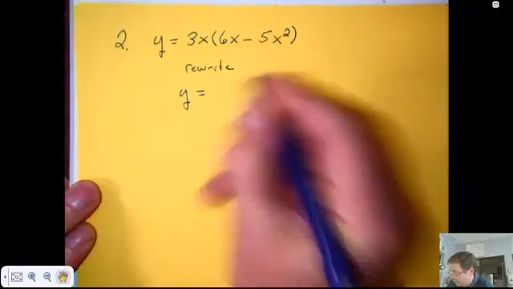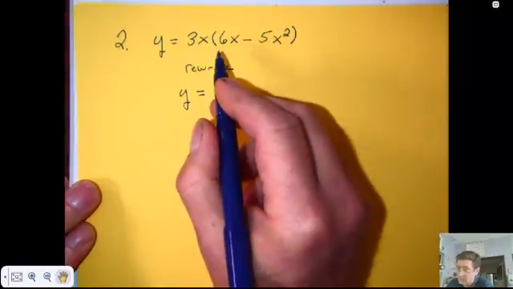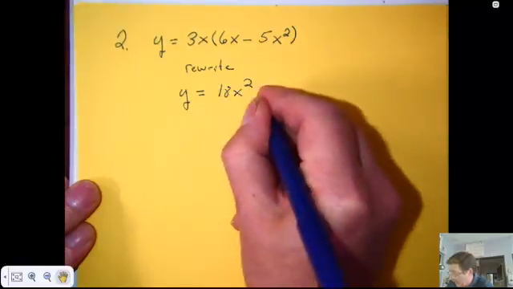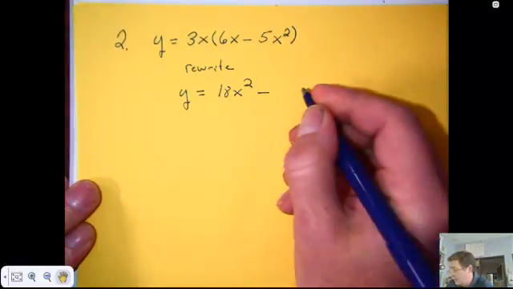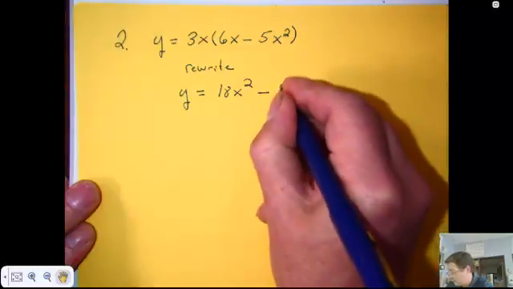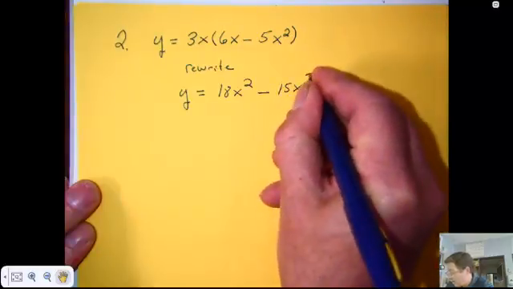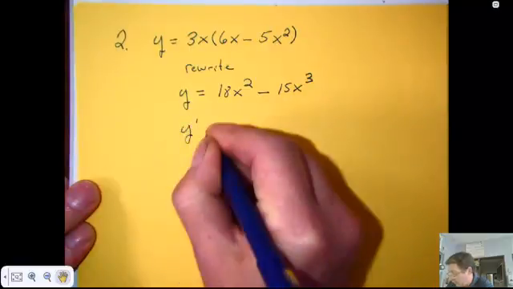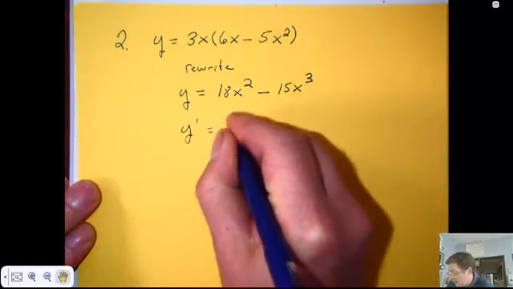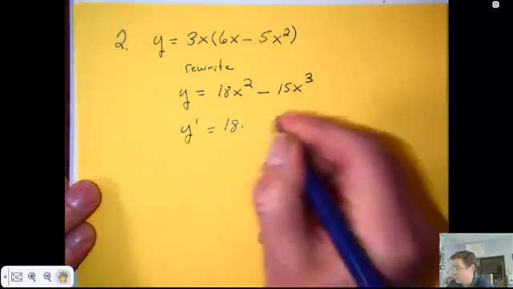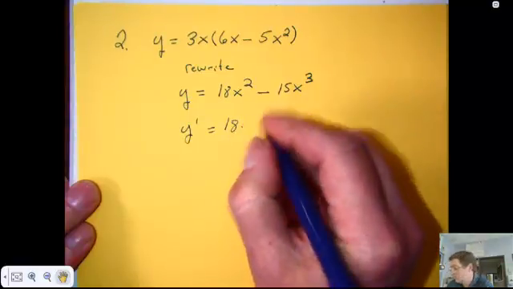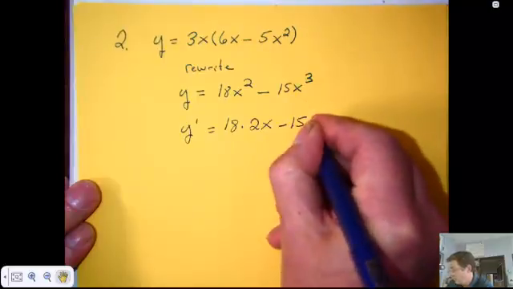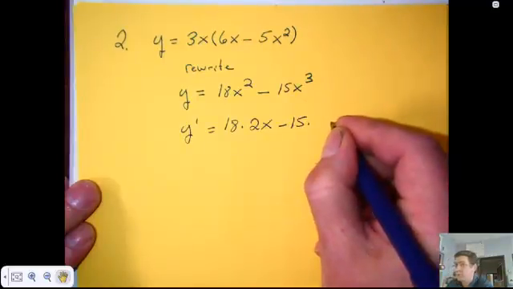So y equals, well, if we distribute 3x times 6x is 18x squared, minus 3x times 5x squared would be 15x cubed. And now I can just use my power rule to find this. So dy/dx, 18 times, what's the derivative of x squared? 2x first, minus 15 times, what's the derivative of x cubed?